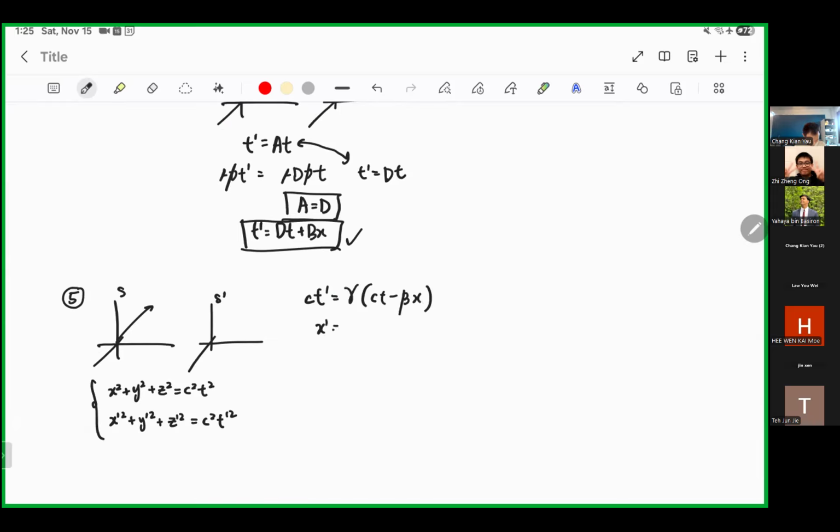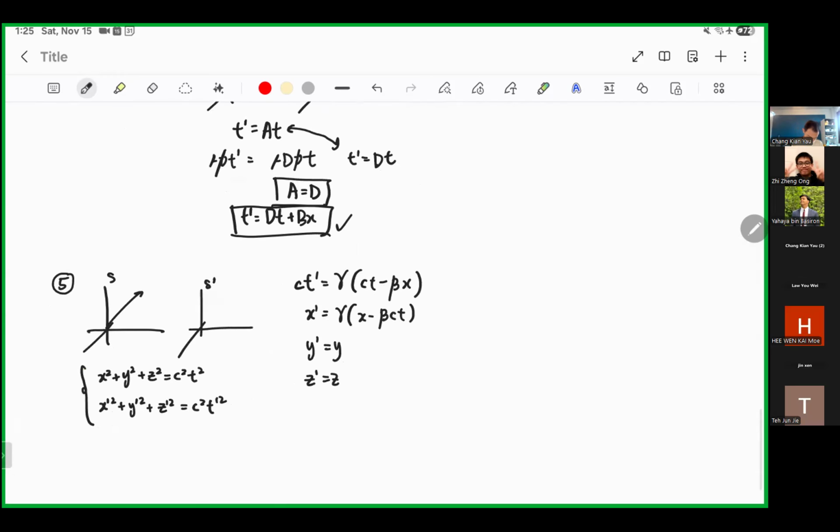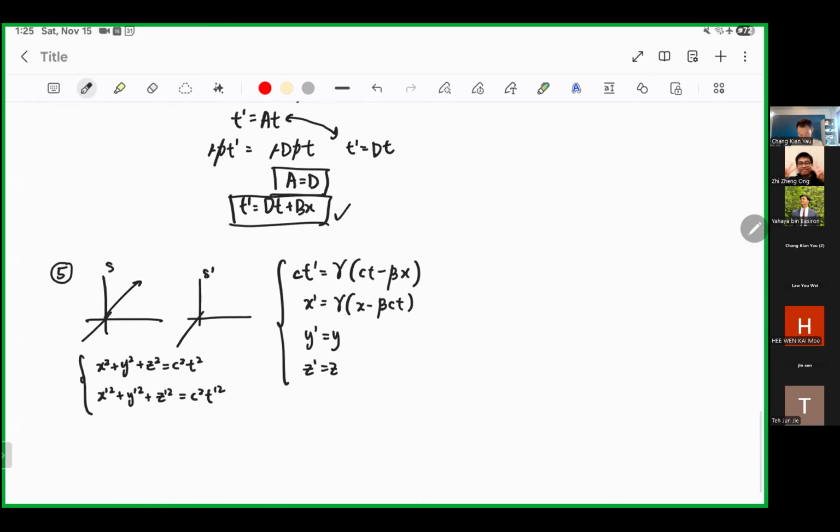So these are the Lorentz transformation. And if you need the full derivation, you can send me an email or something afterwards. But I'm pretty sure it's just algebra because I've just done it just now.